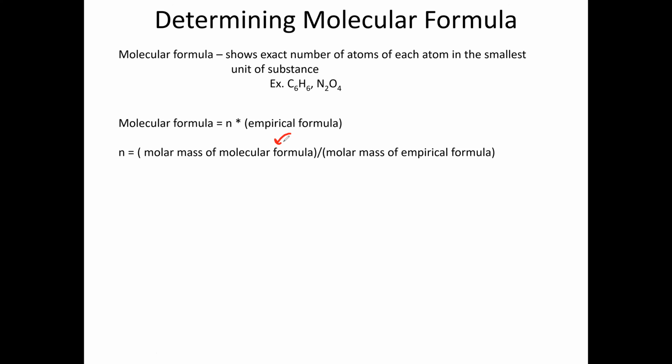Generally this is given in the problem if you're doing a word problem. And the molar mass of the empirical formula we calculate once we determine the empirical formula. So we get the ratio of the molar masses, and now we have the n. So just one extra step at the end.